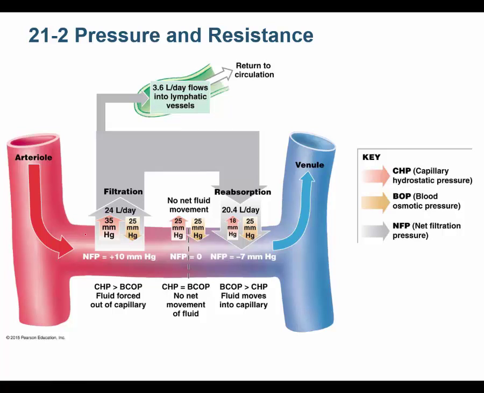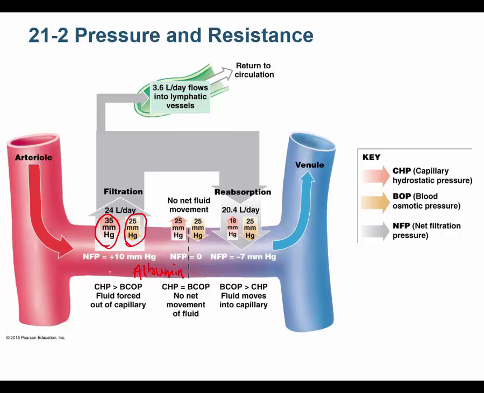At my arterial end, my capillary hydrostatic pressure is 35 millimeters of mercury. But I have a lot of albumin in my blood that has an osmotic pull on this water I just lost. This albumin is called blood colloid osmotic pressure, and it exerts a blood colloid osmotic pressure of 25.